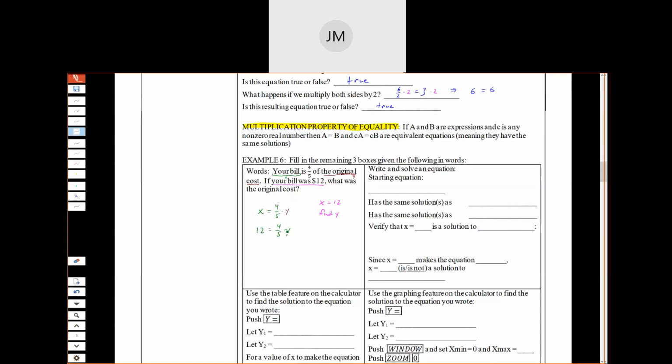Now I want to find y. Now, the way that I have this scaffolded, we end up solving for x. And the way that I wrote down my problem, I'm not solving for x, I'm solving for y.